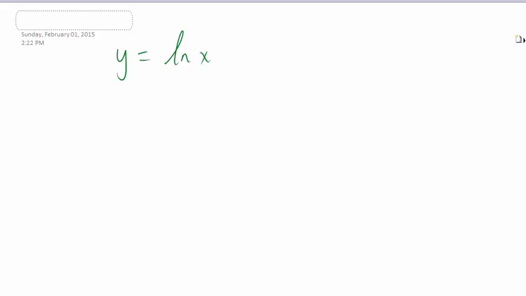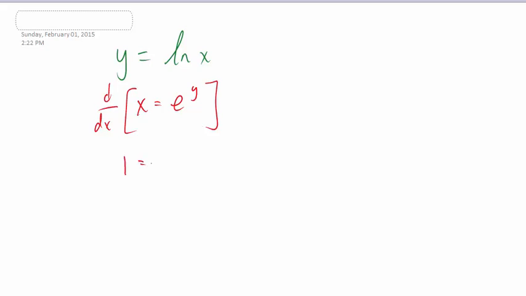Moving on to natural log. Let's find the derivative of this. To do this, let's rearrange this function. Let's solve for x. So x is equal to e to the y. We just talked about how to find the derivative of e to some power. So let's take the derivative with respect to x now.